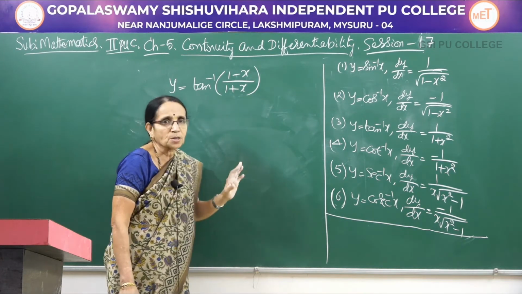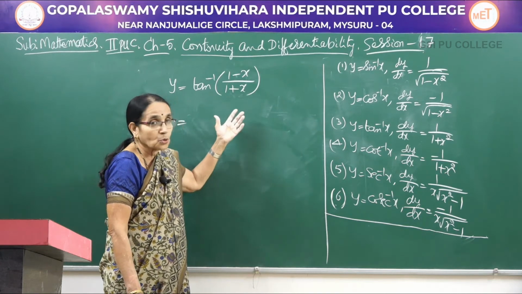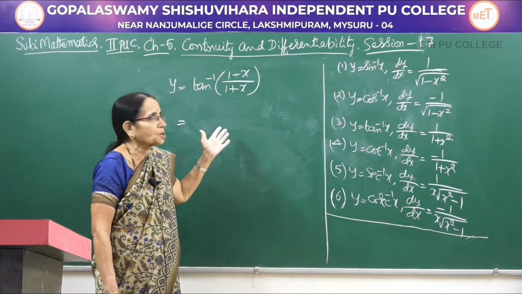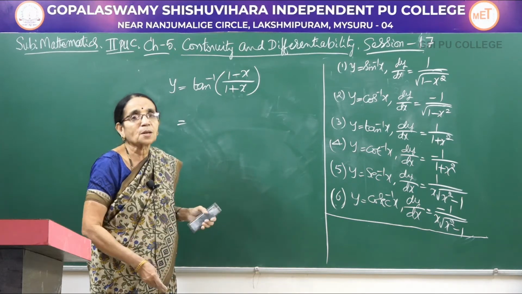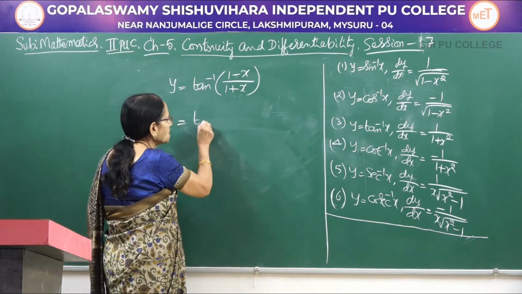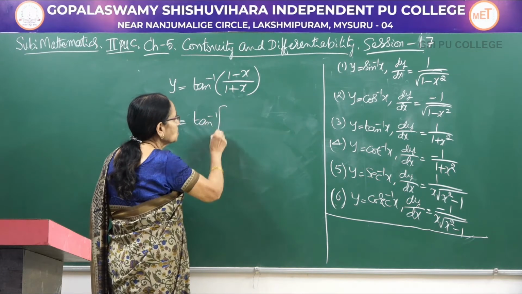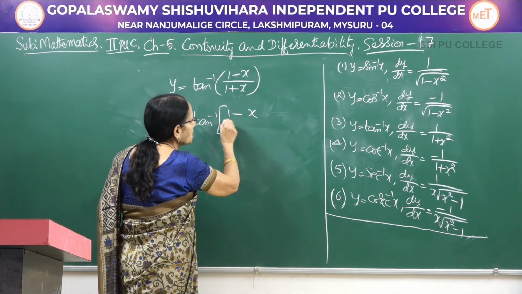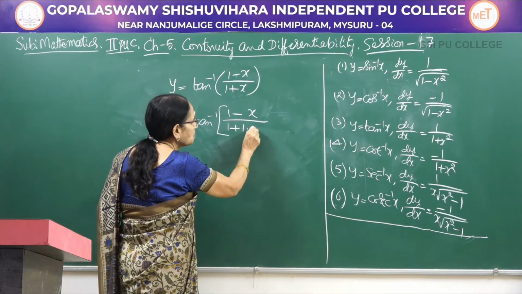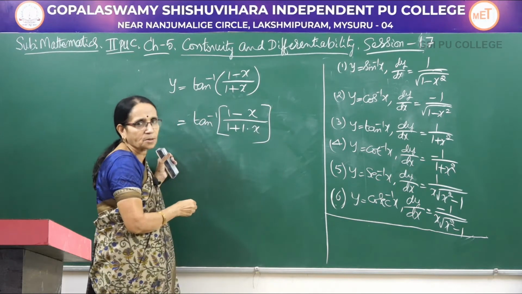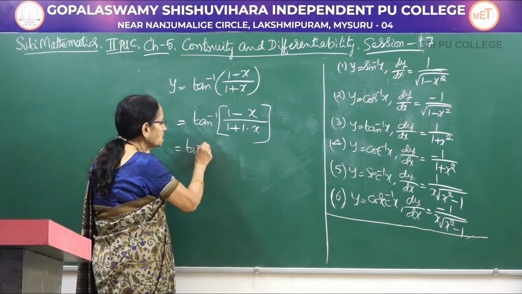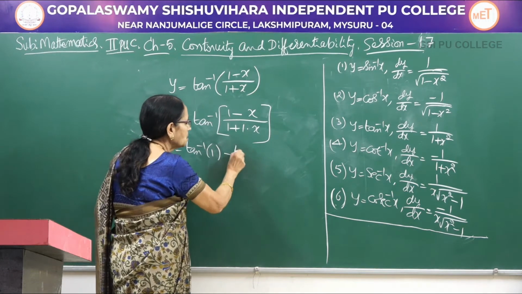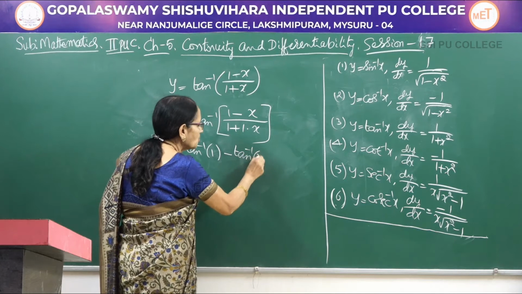If you use the property and simplify the function, the differentiation part becomes easier. Now let me write like this: tan inverse of (1 minus x) divided by (1 plus 1 into x). Now I can write this as tan inverse of 1 minus tan inverse of x.